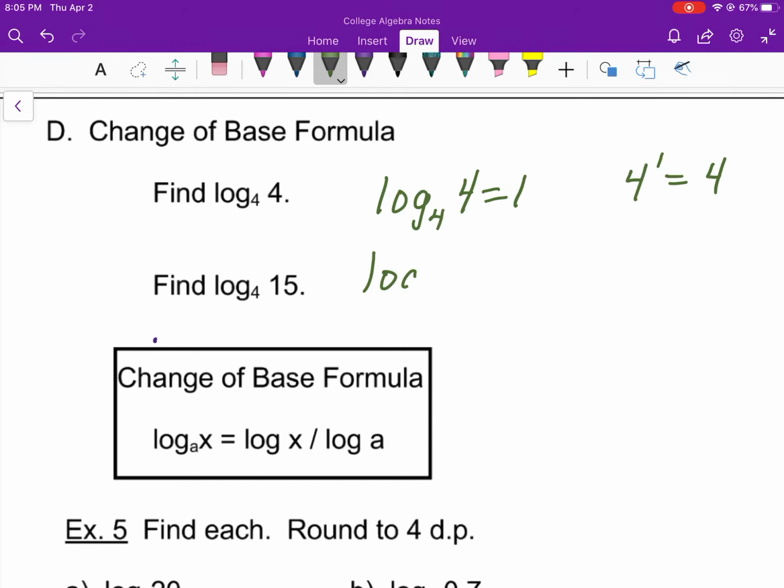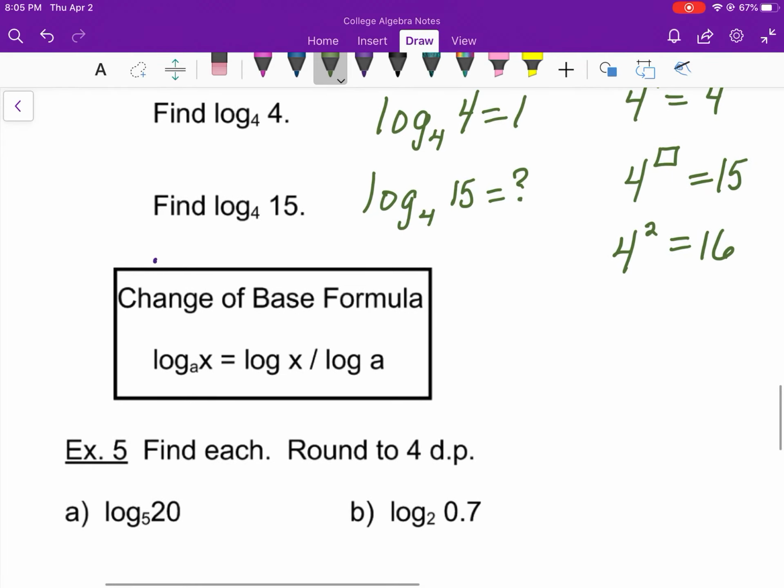What would log base 4 of 15 be? What power would 4 be raised to, to get 15 as an answer? Well, we know that 4 squared is 16, so our decimal value has to be somewhere between 1 and 2, probably closer to 2. And so change of base is going to allow you to find that.